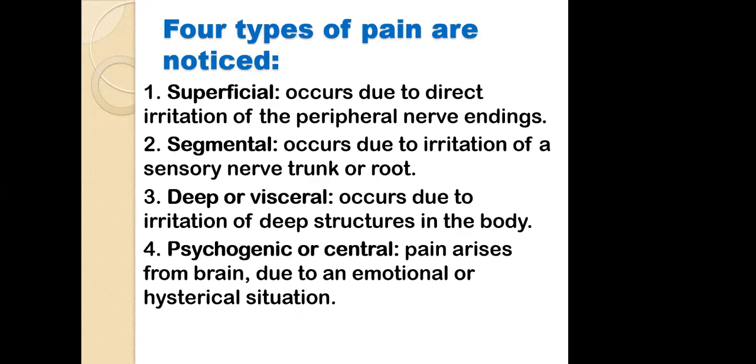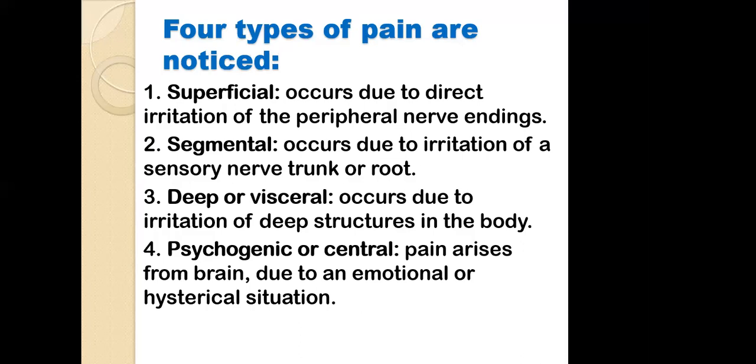There are mainly 4 types of pain that can be experienced. One would be superficial. This occurs due to direct irritation of the peripheral nerve endings. Then there can be segmental or deep or visceral, which occurs due to irritation of deep structures in the body. Then there can be psychogenic or central. This kind of pain arises from the brain due to an emotional or hysterical situation.